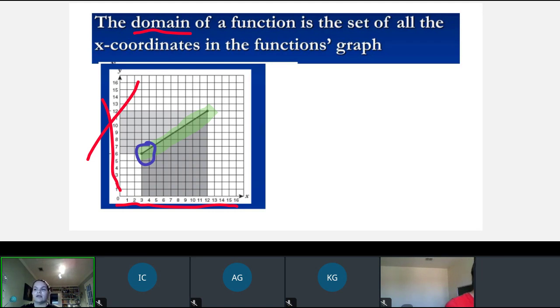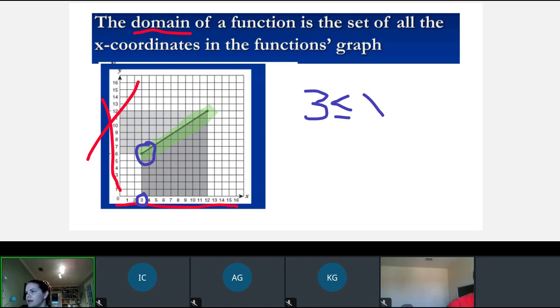But remember, we're talking about x values. So I come straight down, and this value is 3. So I'm going to put 3 is less than or equal to. The reason I'm using less than or equal to is because this is a closed circle at the end of my function.